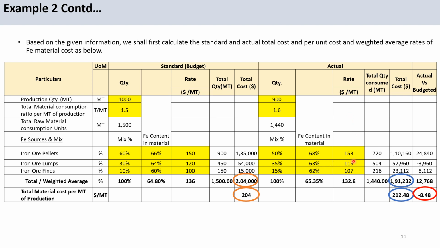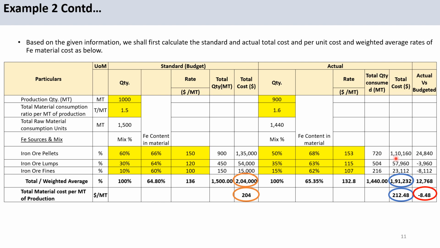On actual basis, we know the total quantity consumed is 1440 tons, and 50% of that is 720. So 720 tons of iron ore pellets is consumed, and the price is $153 for iron ore pellets. So we consumed $110,160 worth of iron ore pellets.